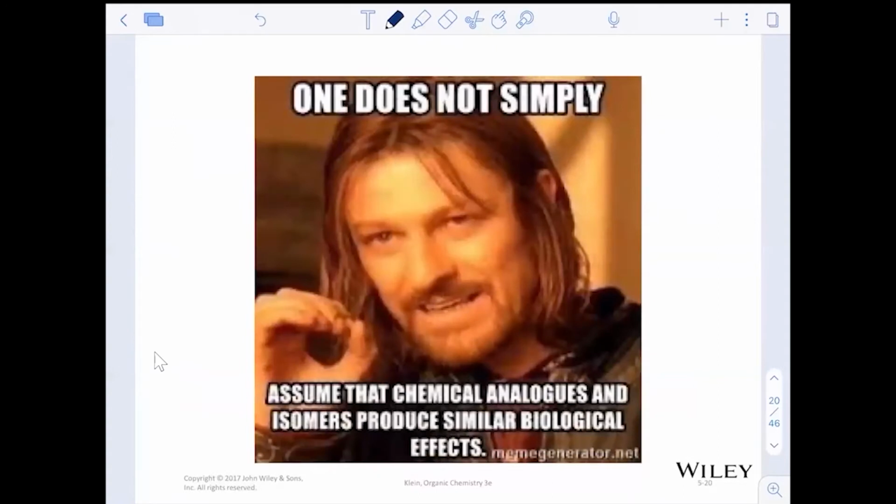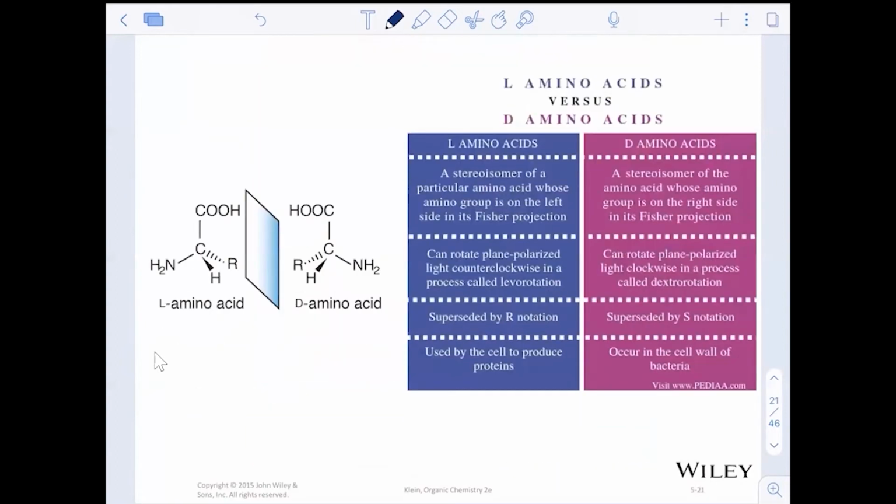Why? Well, it's because of some really unique characteristic with the actual tetrahedral structure of the R and how it differs from the tetrahedral structure of the S orientation, that the actual stereoisomers and enantiomers have different biological effects on our bodies.